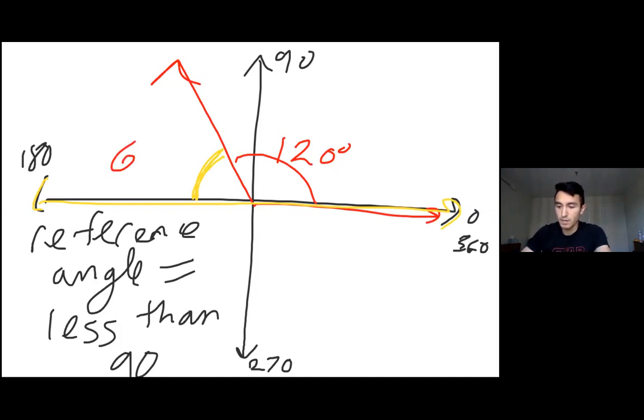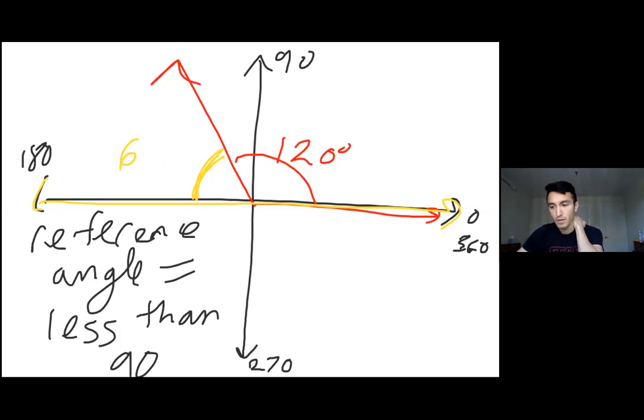This has to be 60 degrees. Okay, so here I've got 180 total. So the reference angle is basically what's left to get back to the x-axis. And in this case, it's whatever makes 180.